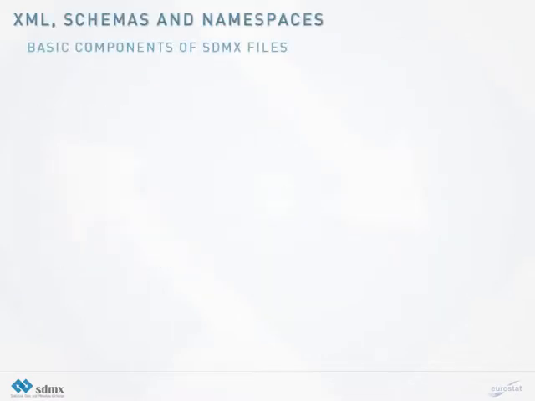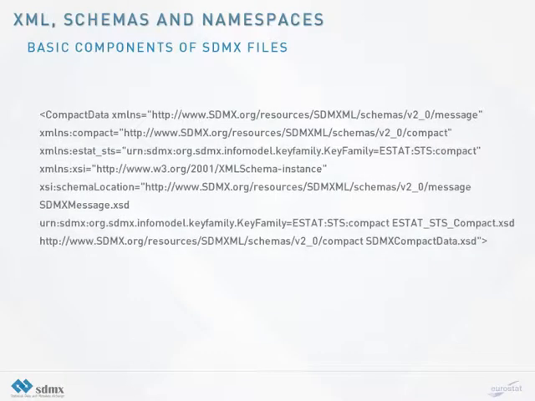Here we can find some explanations of the meaning of each of the basic components of the SDMX files. For example, inside one compact file, where we can find the root compact data element, there are also other elements to be taken into consideration. There are 4 different namespaces declared which will be used inside the rest of the file.